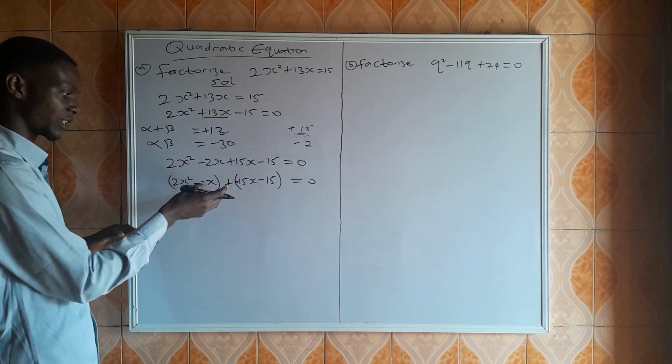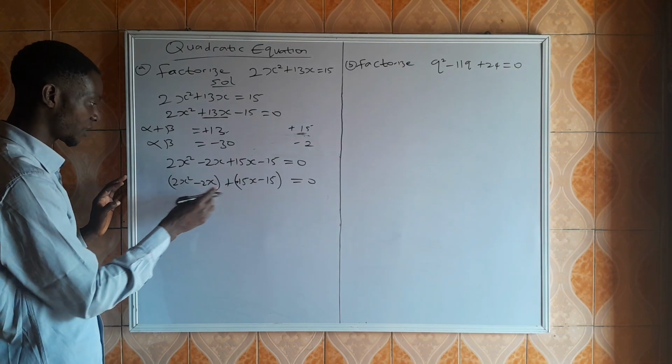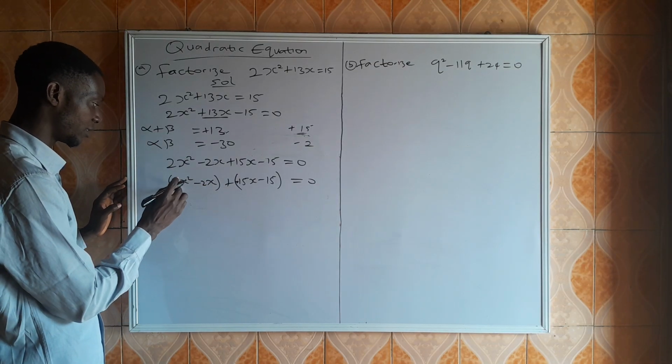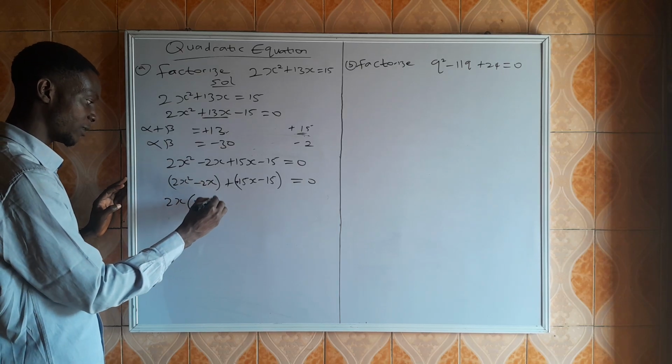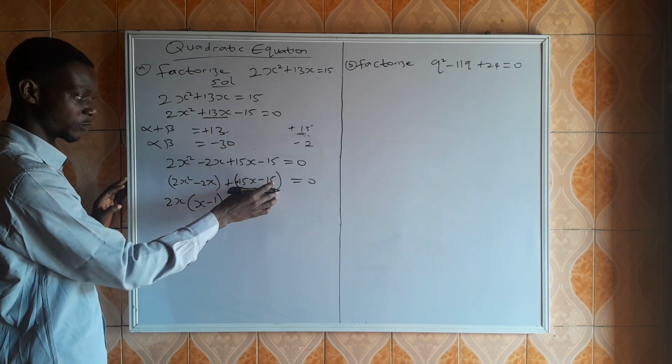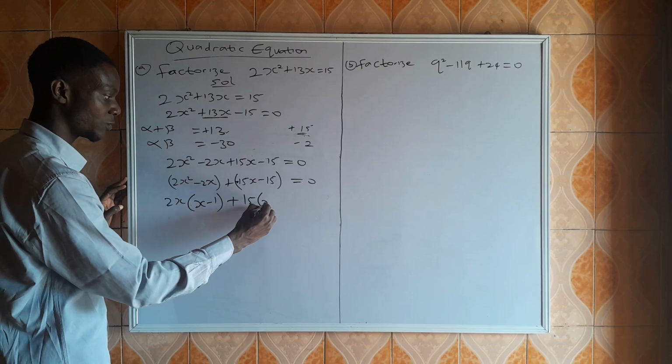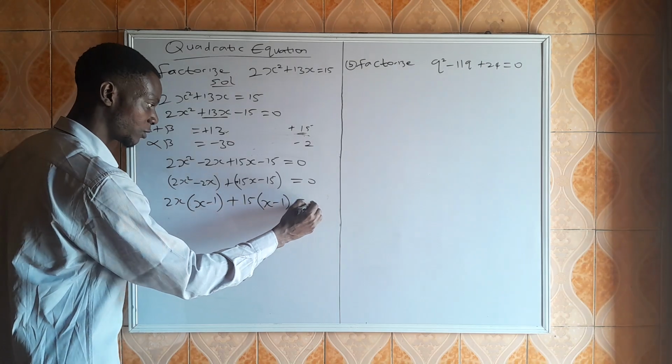So we factorize, that is, we bring out the common value. 2 and s are common in both, so you have 2s times s minus 1. And the common value here too is 15, so you have plus 15 times s minus 1 equals 0.